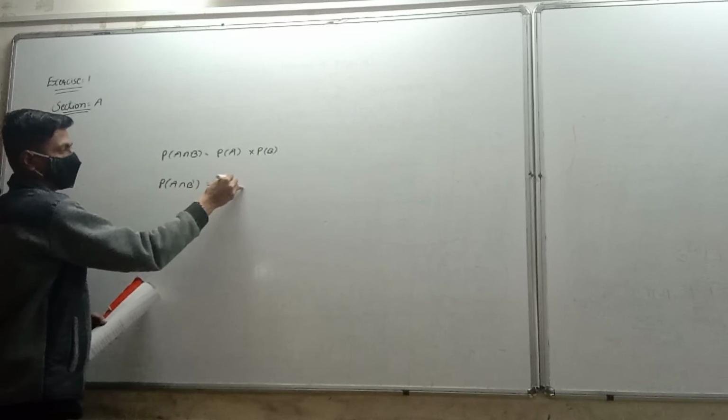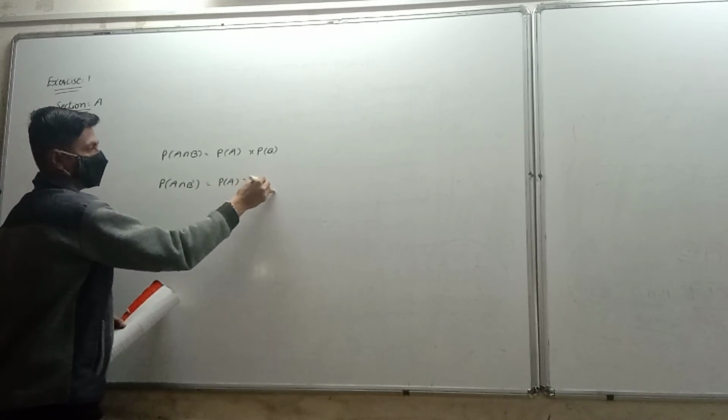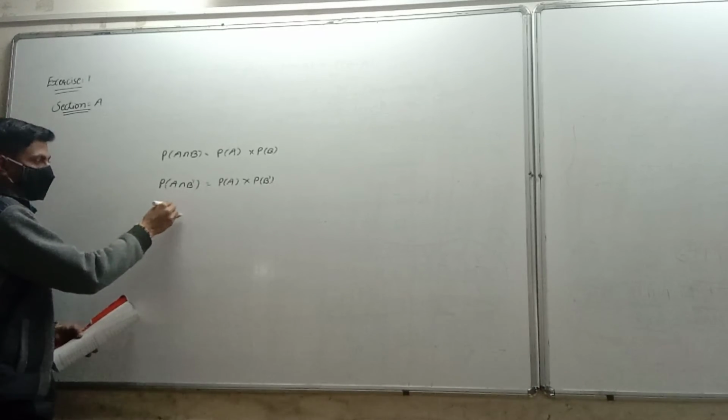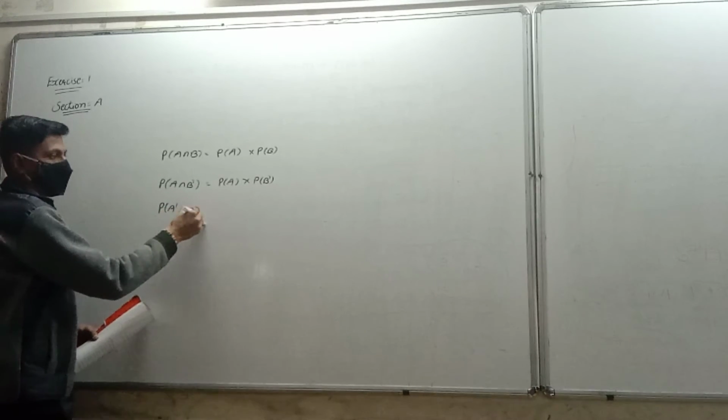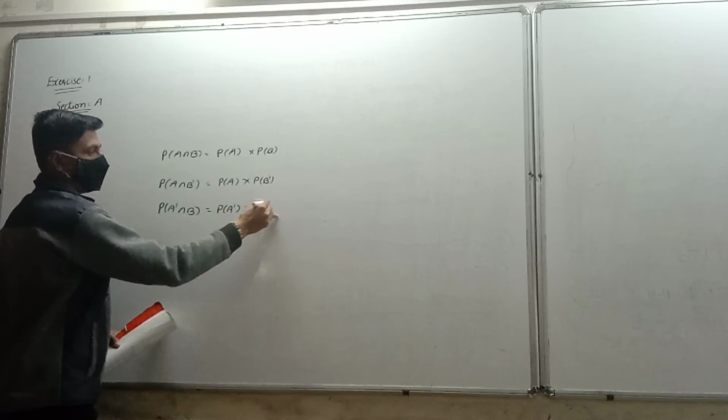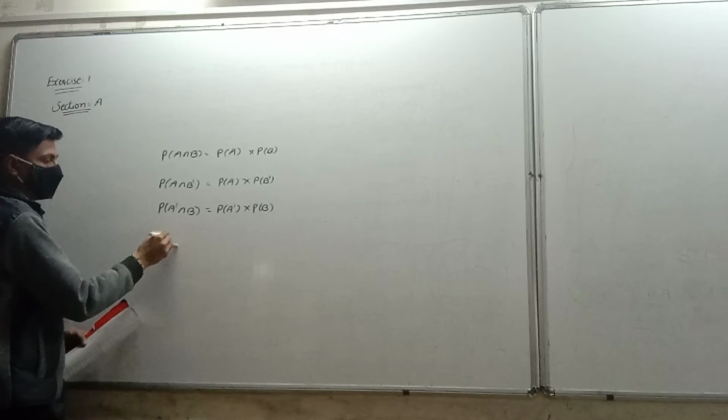So answer P of A into P of B dash. Next, event A does not happen, event B happens. P of A dash into P of B. Both the event are not happen.